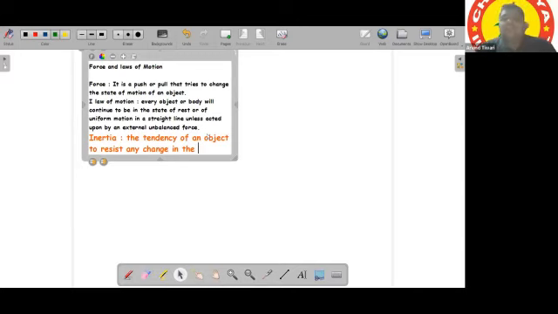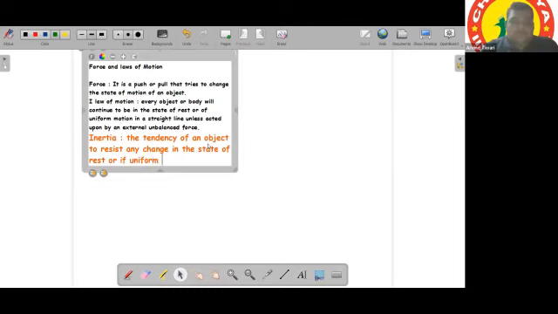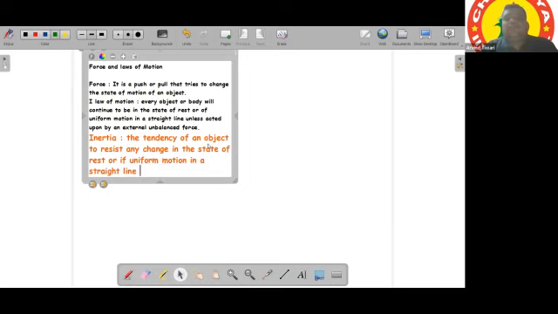The tendency of an object to resist any change in the state of motion, in the state of rest or of uniform motion in a straight line, is called inertia.